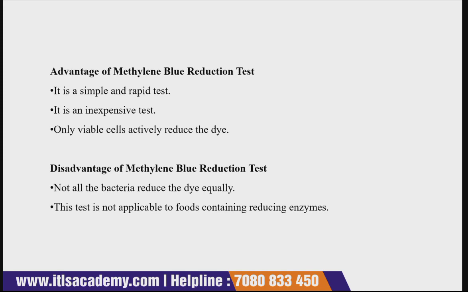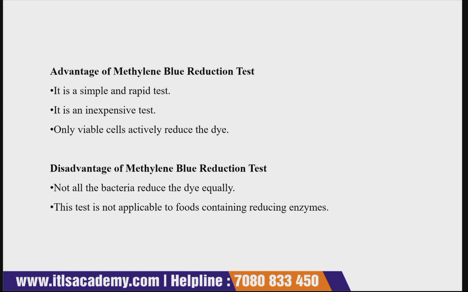Now what are the advantages and disadvantages of this test? The advantages are that the test is very simple and very rapid. It is an inexpensive test, and only viable cell activity reduces the dye. The disadvantages are that not all bacteria reduce the dye equally, meaning every bacterium has its own way of reducing the dye.